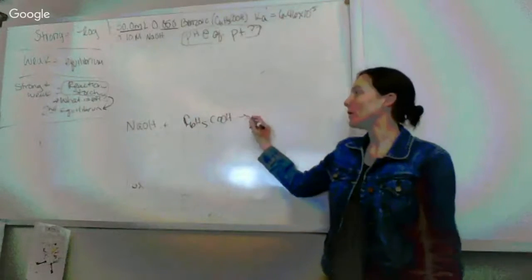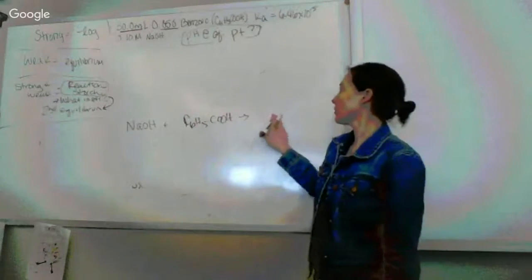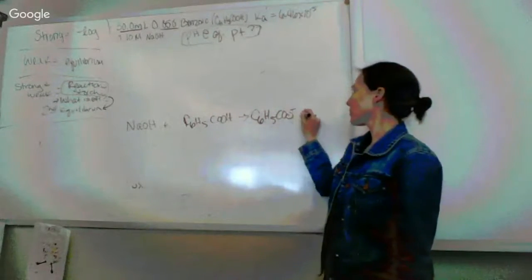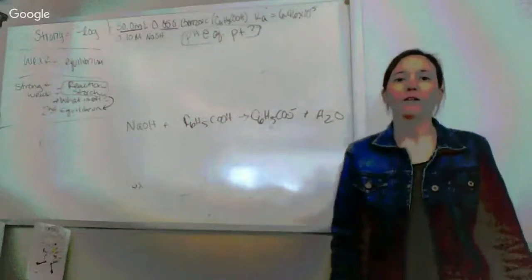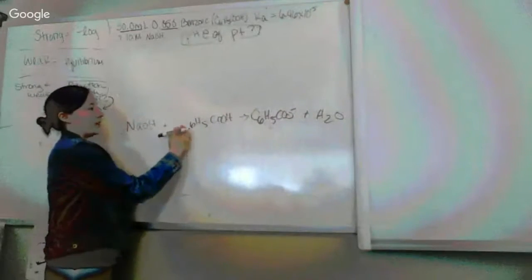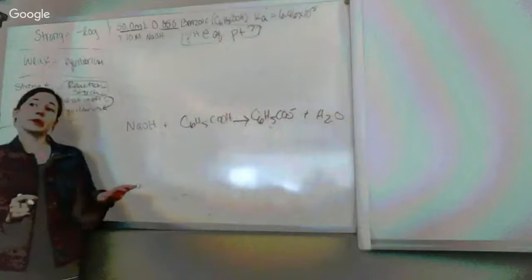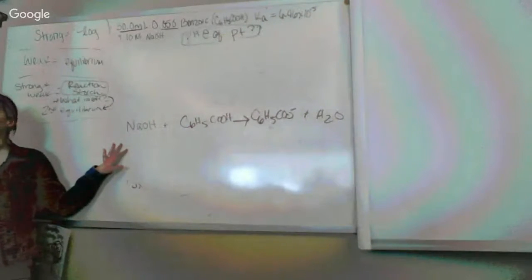C6H5COOH. So again, we're making the same. Oh my gosh, my hand is tired of writing. So this is the same equation that we just did a second ago. It still is a forward reaction because we're still using a strong base. So we still can only go one direction.